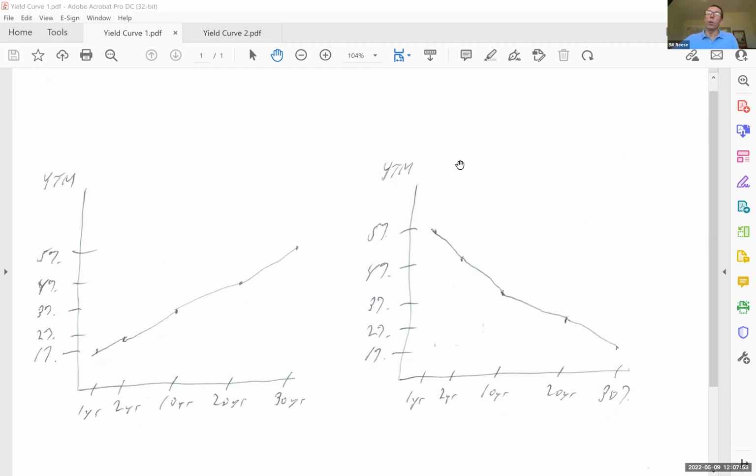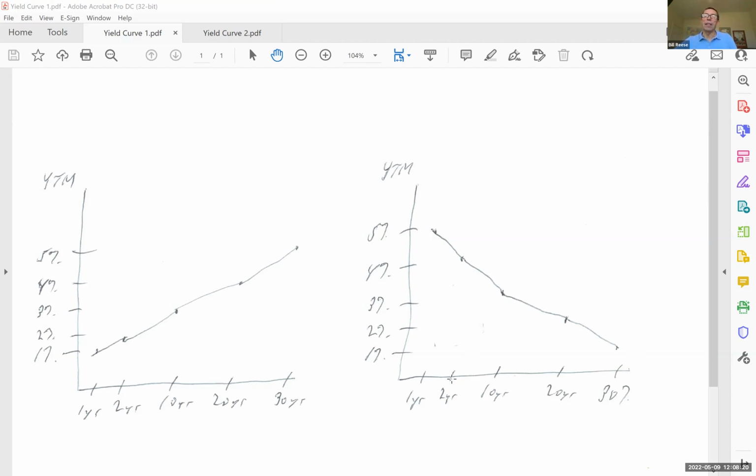Now over here, what I've shown is what we call an inverted yield curve, or a downward sloping yield curve. They mean the same thing. We don't see this that often, but we do see it sometimes, where long-term interest rates are lower than short-term interest rates. So I could invest, for example, in a 1-year treasury bill and get a 5% rate of return for 1 year.